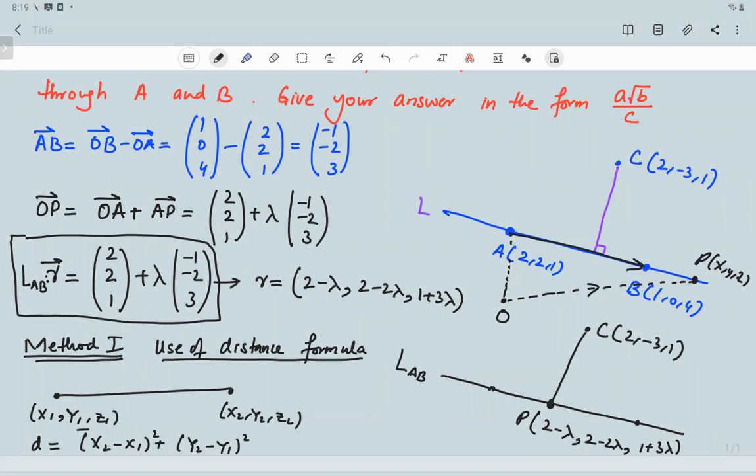This formula used to be like this in O level, and when you studied three-dimensional geometry, you added another term. With addition of this third term, the distance formula takes this shape, and it's quite similar to the one that we studied in O level. Now we calculate the distance between P and C by applying the distance formula.